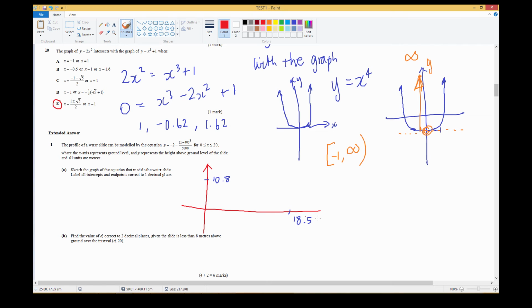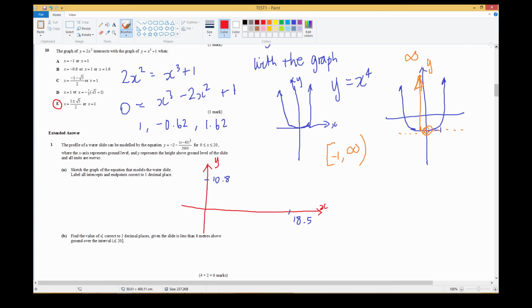Make sure you label your axes as well. And we'll go all the way to 20. I need that endpoint as well, so I have to make sure I mark the endpoints.